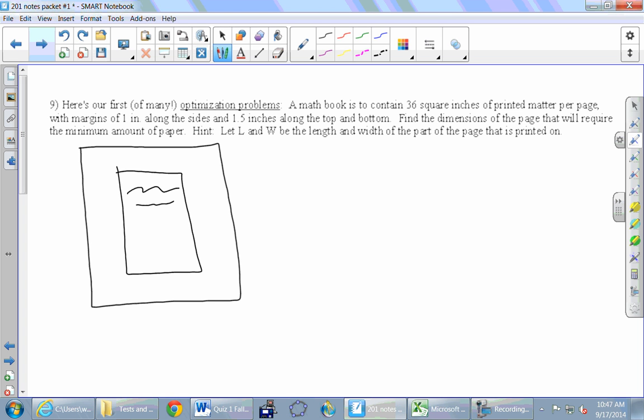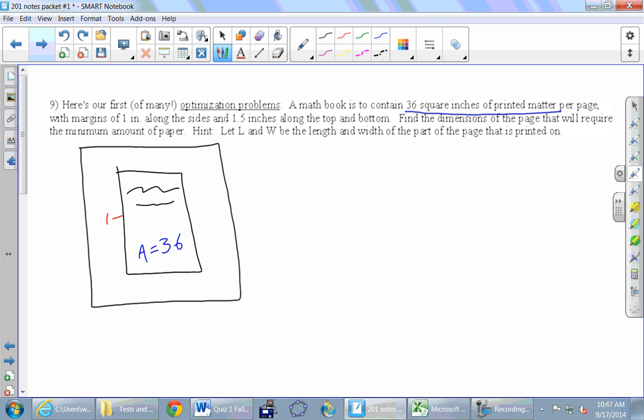And now we're going to start to use the information from the problem to continue labeling our diagram. It says 36 square inches of printed matter. Is that the entire rectangle or the inner rectangle? That's the inner. So I'm just going to make a little note to myself. The area here, it's got to be 36. And then it says 1 inch margins along the sides.